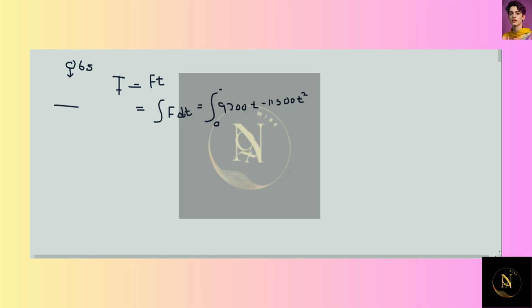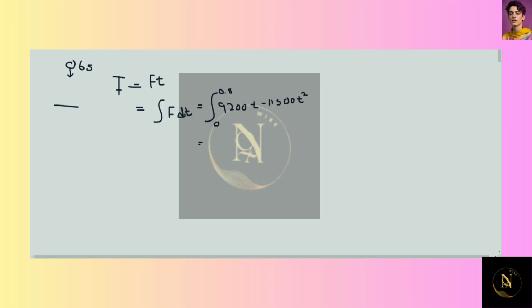So this is from 0 to 0.8, which is the amount of time that the platform is acting on the athlete, or the athlete is acting on the platform. So if you do this integral, this becomes t squared over 2 over here, and this is t cubed over 3, and then you finish up the algebra here.